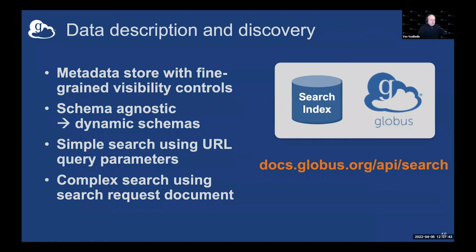So search, and I said this briefly in the earlier session, one of the key aspects of search is that it's a metadata store, but with these fine-grained visibility controls. So what that means is you can specify even down to the individual field level what is visible to whom.